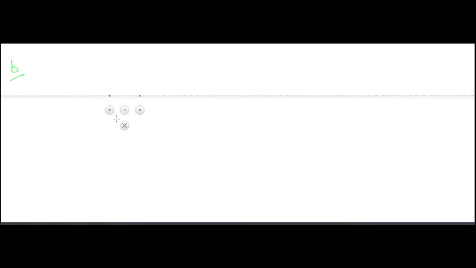Now the second case. In this case two bars or two plates have been joined together. One is the copper one and the second one is the steel one. So they are joined or bolted together.